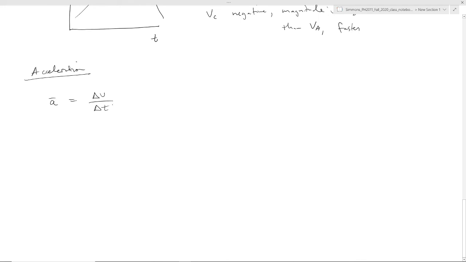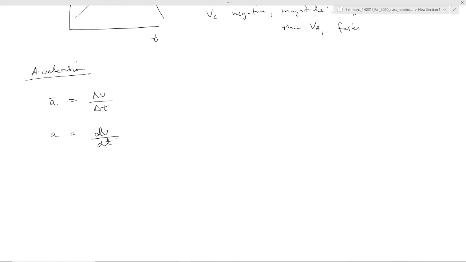And just like we talked about with velocity, acceleration is the derivative of velocity when we're talking about the instantaneous version. So this is the other definition that we're going to need to make use of.